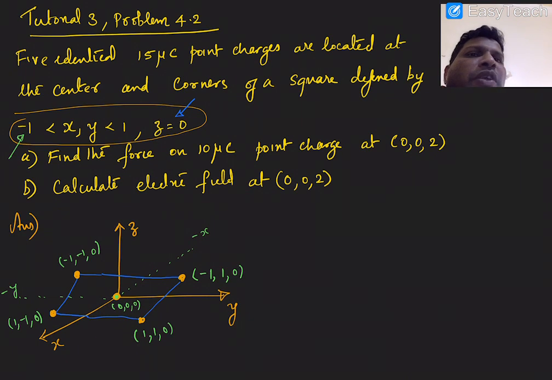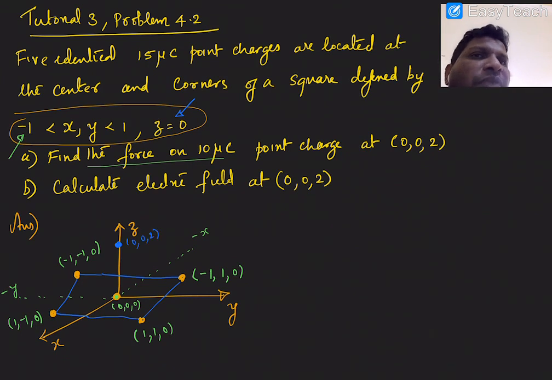Now in the question, it is asked to find the force on the charge which is 10 microcoulomb, which is placed at 0, 0, 2. 0, 0, 2 means x is equal to 0, y is equal to 0, and z equal to 2. I will show with a different color where that point is. So this is the point 0, 0, 2.